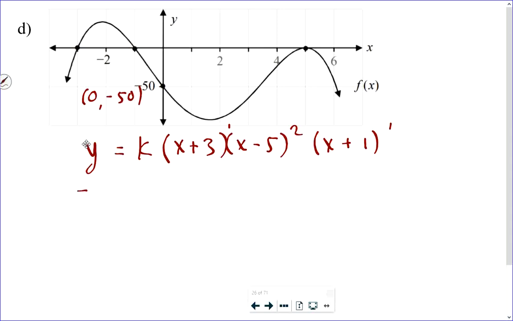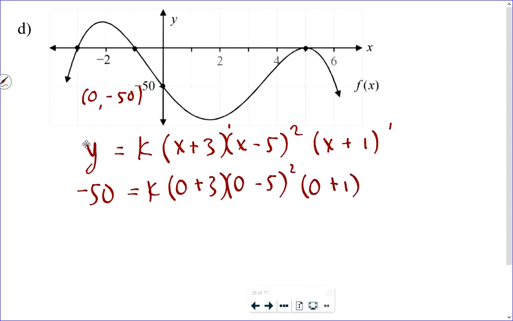So we put negative 50 in for the y coordinate, 0 for the x coordinate. What do we get? Negative 5, quantity squared is 50. 50 times 3 is 150. Sorry, 75. Wow.